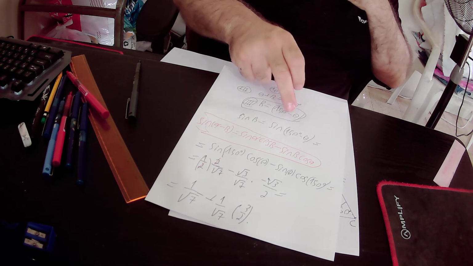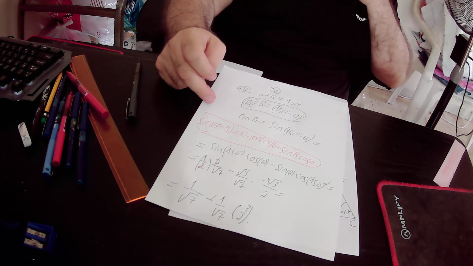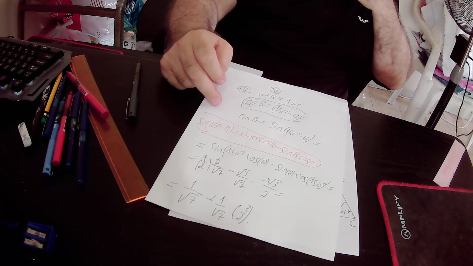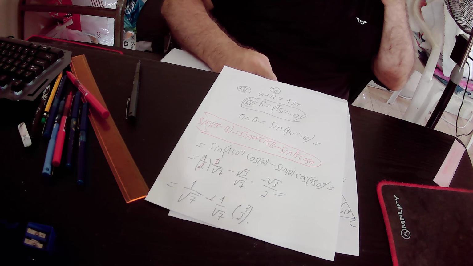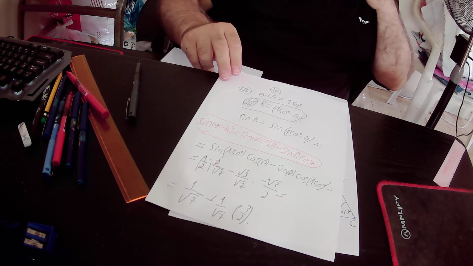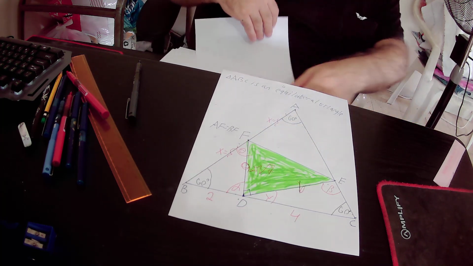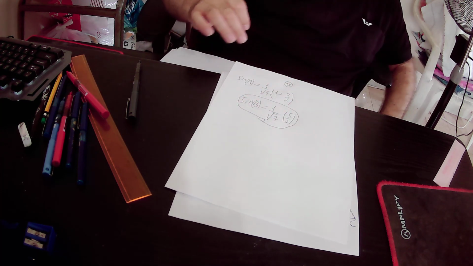And in order to find out the value of sin of 150 degrees minus theta, we used the second trigonometric identity that states that sin of alpha minus beta equals sin alpha cos beta minus sin beta cos alpha. And we found out that the value of sin beta equals 5 over root 7 times 2.